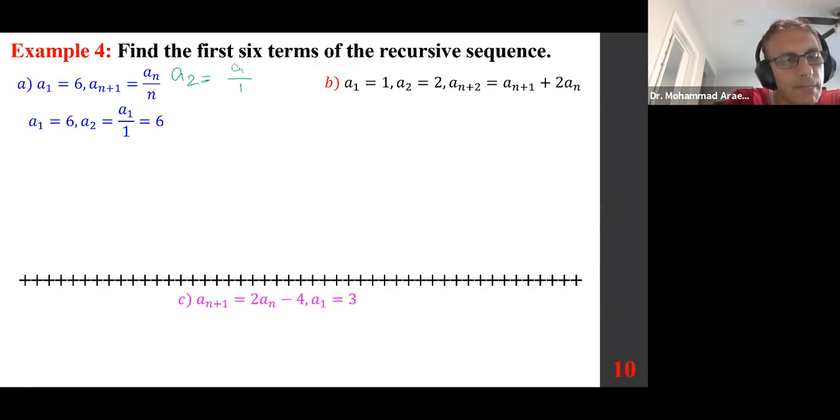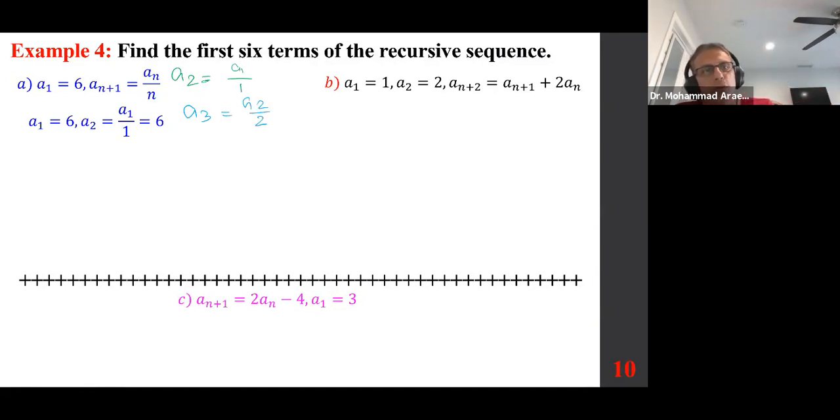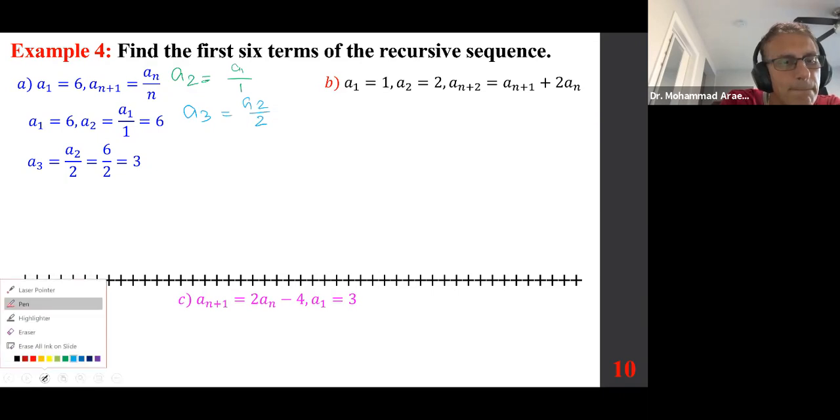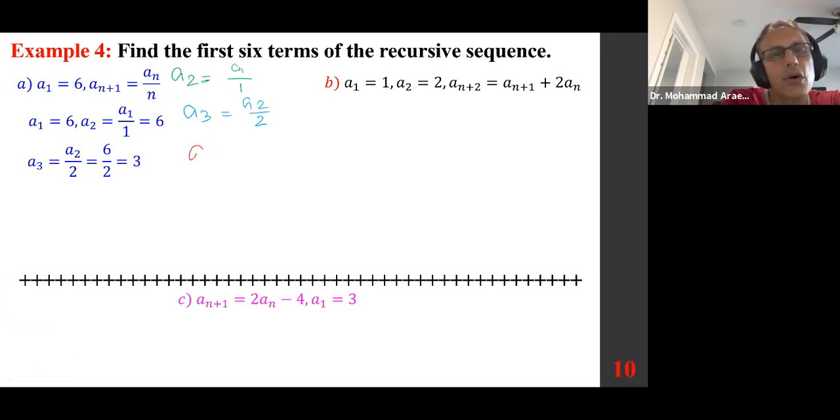How about a sub 3? That would be a sub 2 divided by 2. So 6 divided by 2 is the answer, 3. What about a sub 4?